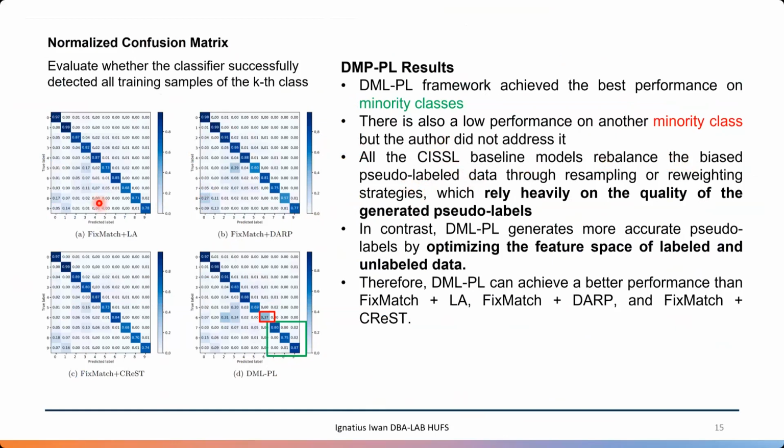In contrast, the proposed method generates more accurate pseudo-labels by optimizing the feature space of labeled and unlabeled data. And therefore, here we can see that the proposed DML-PL can achieve better performance than FixMatch plus LA, FixMatch plus DARP, and FixMatch plus CReST.